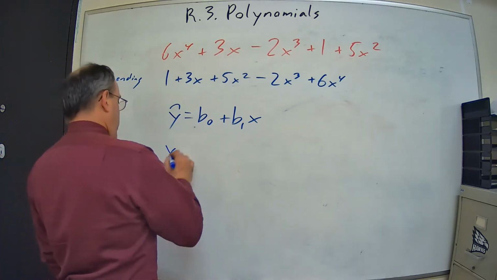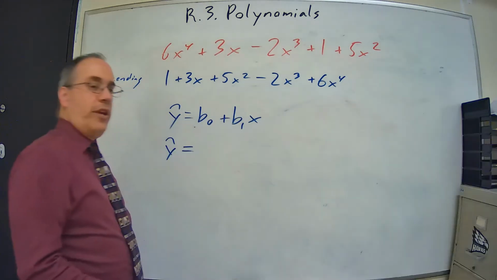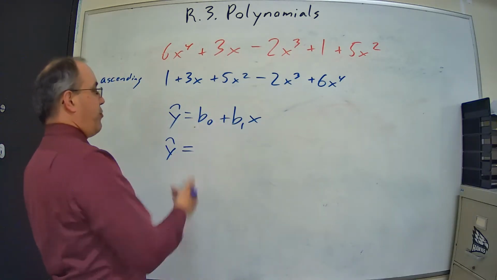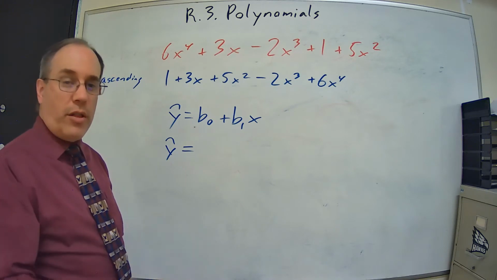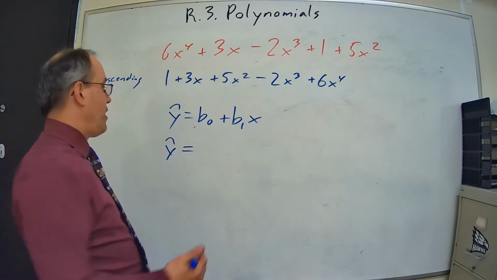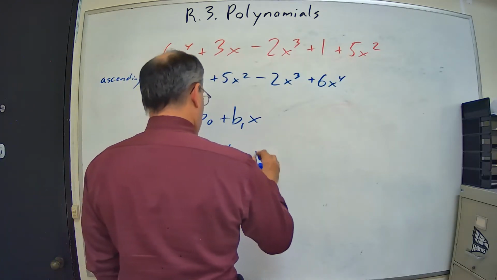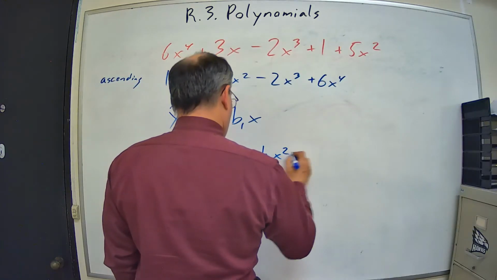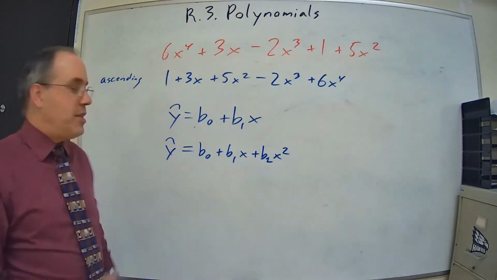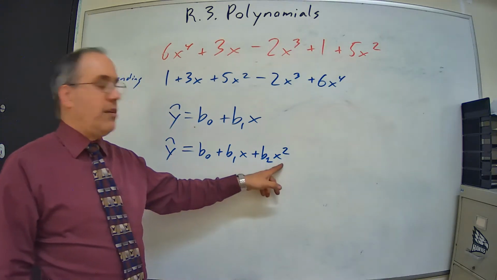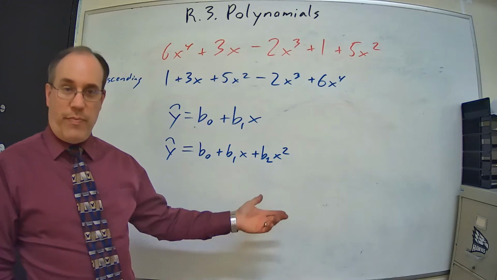If we want to increase the degree of this, if we want to do a parabolic regression or a quadratic regression, then we can say b sub 0 plus b sub 1 x plus b sub 2 x squared. And notice that all we did was add an x squared term to it.